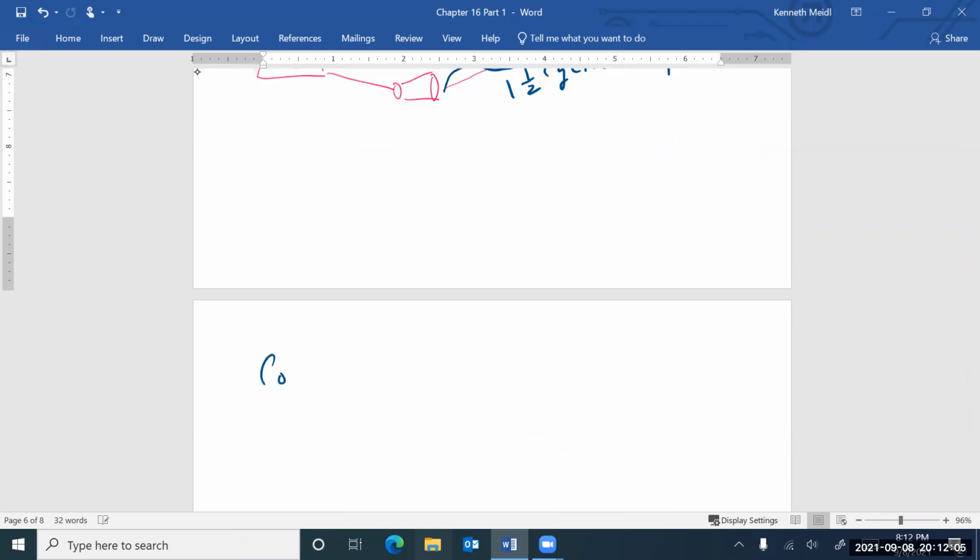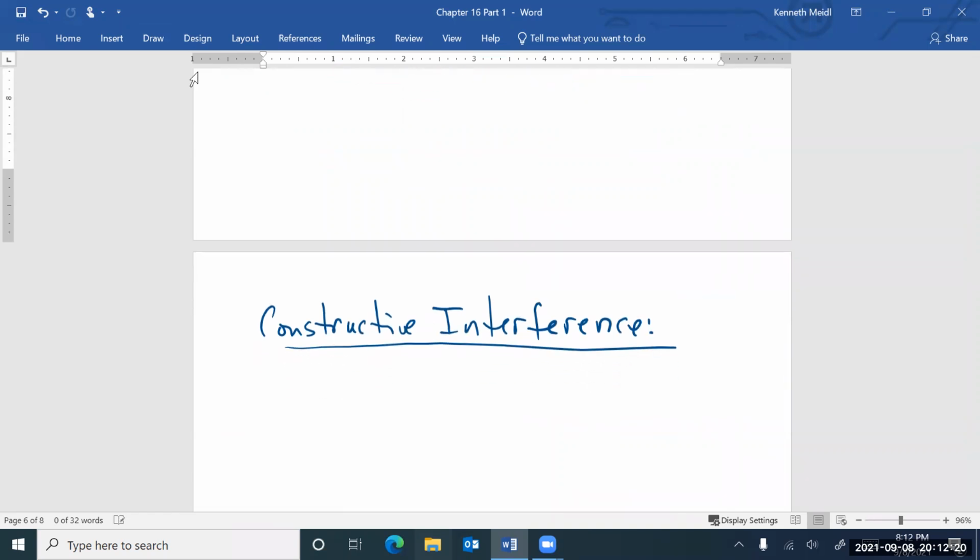So when it comes to constructive interference, I'm trying to get you to think conceptually, so it makes sense that there is typically an extra path length, unless you're right between the two speakers. And so there's this thing called the path difference.